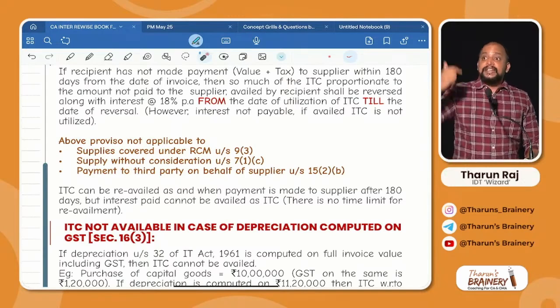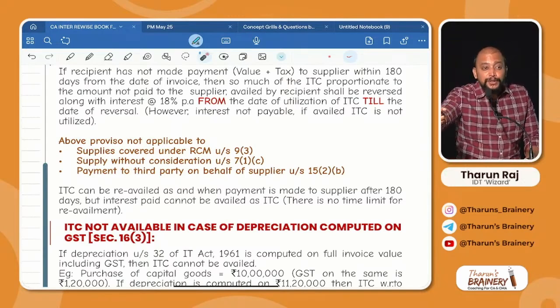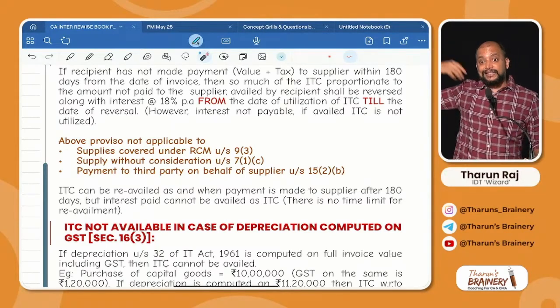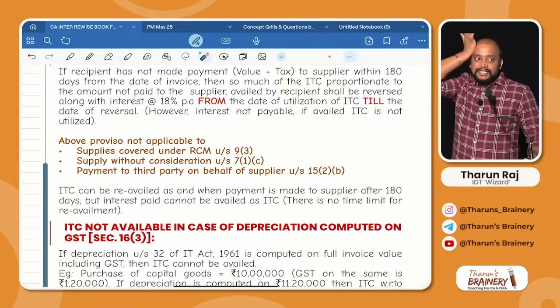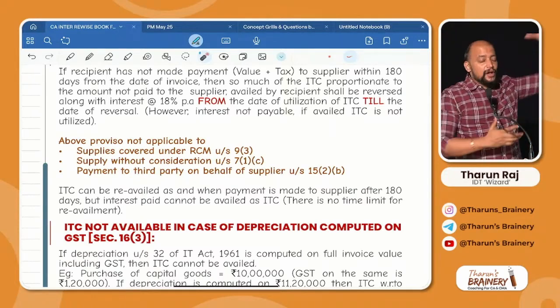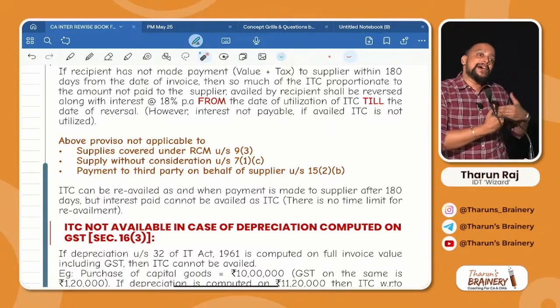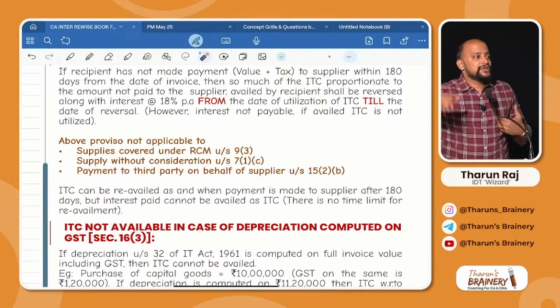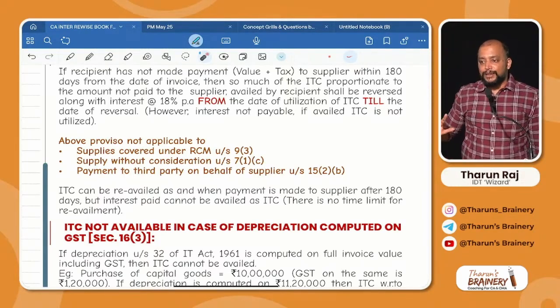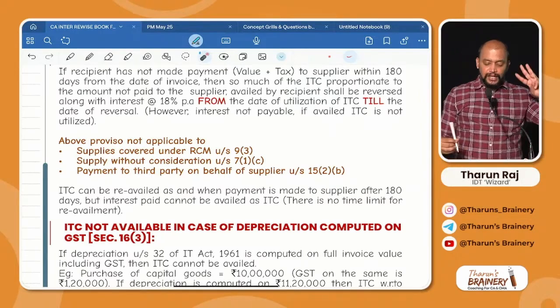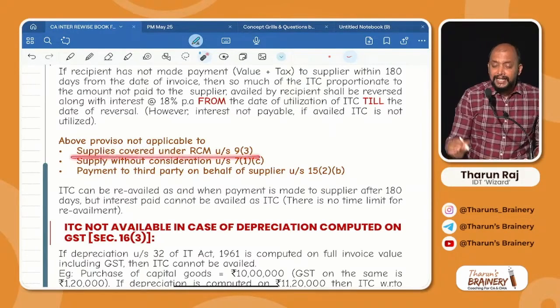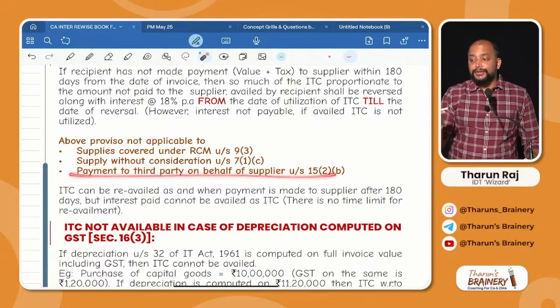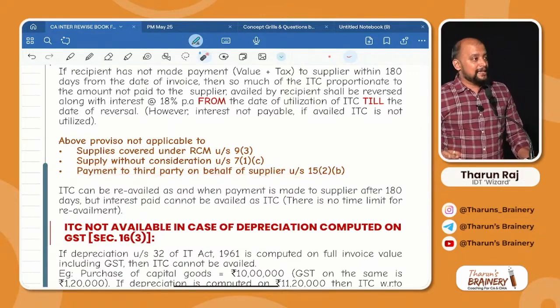Number 3, recipient made payment to a third party other than supplier. Means already you paid. You paid to a person on behalf of me. Means to my creditor you already paid. Which means as good as I have received. So 180 days condition is not applicable there also. Is it clear? 3 places. Supply covered under RCM. Supply without consideration. Payment to third party on behalf of supplier.